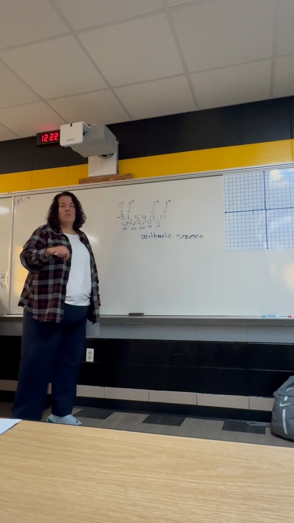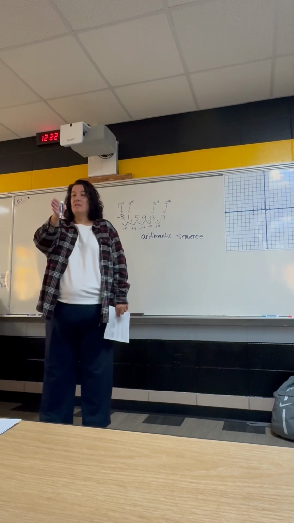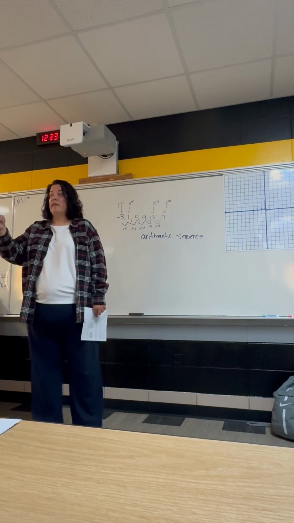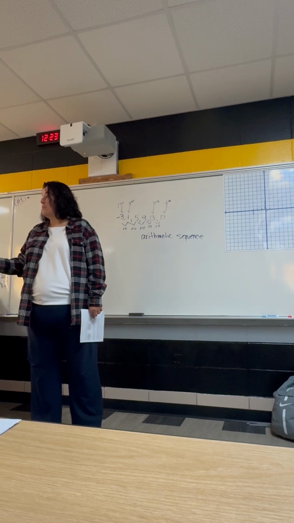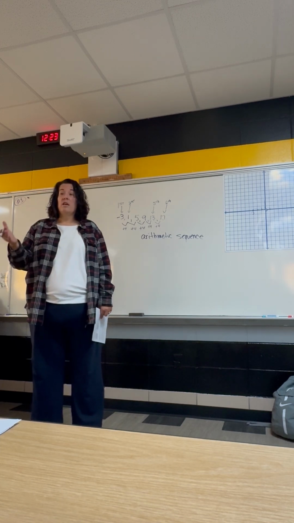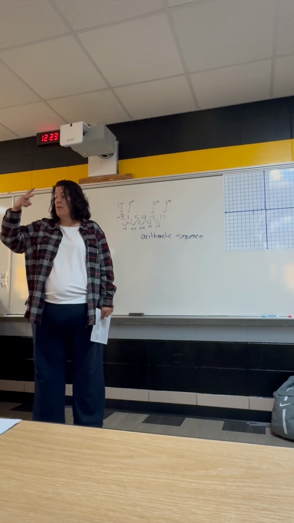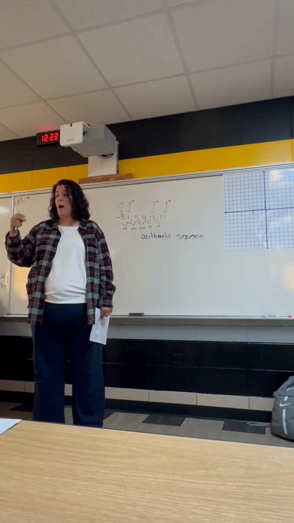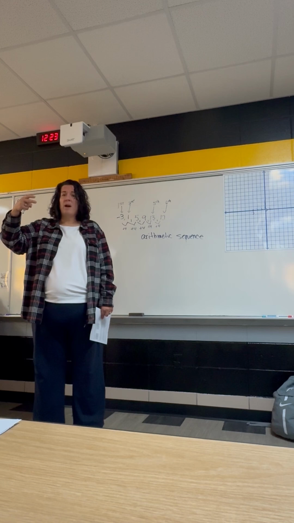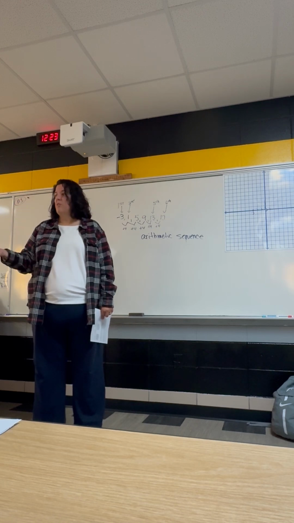In order for it to be arithmetic, it must have the same increments, just like how we determine if something's linear or not linear. If we compare the slope, if we look at how the y values are changing, if they change by the same amount, we call it linear.